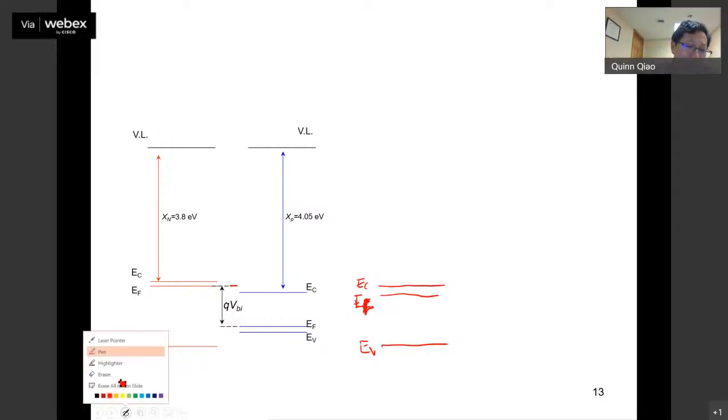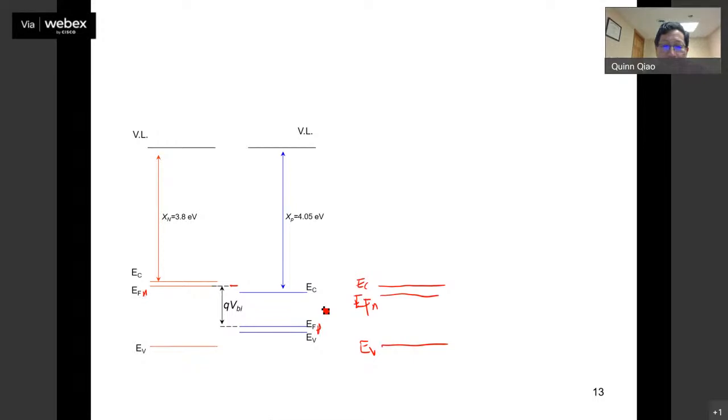I probably should take this up. The Fermi level is important. This EF is on the N side, right? This is the P side, and then on the right side, this level will get aligned with this, right? That will be EF.